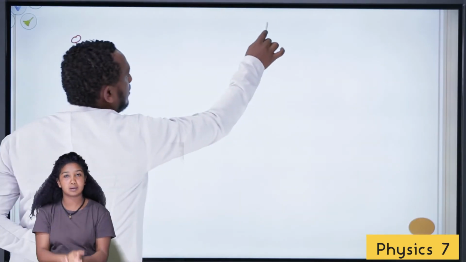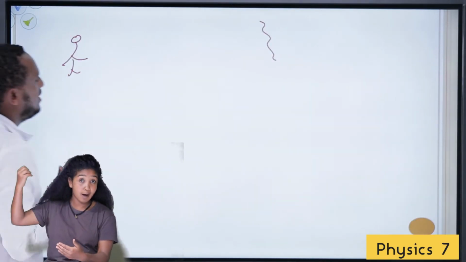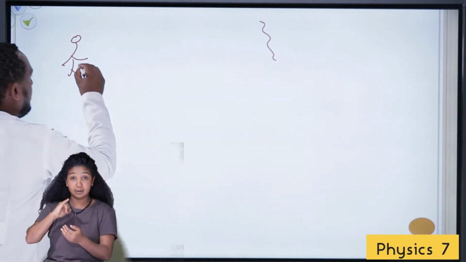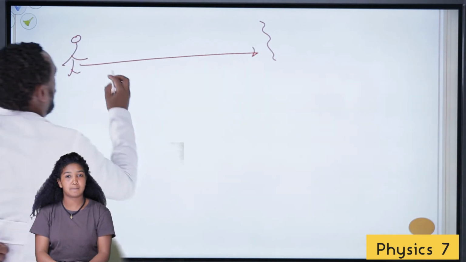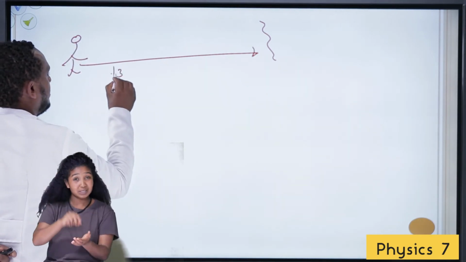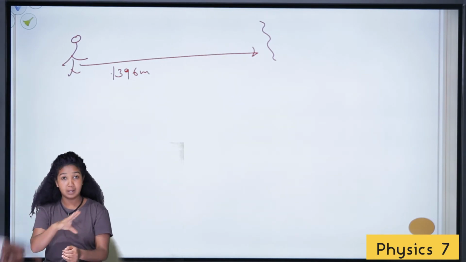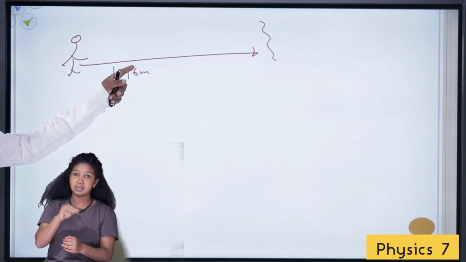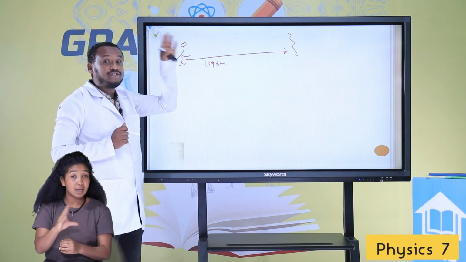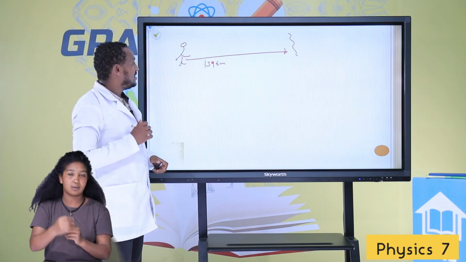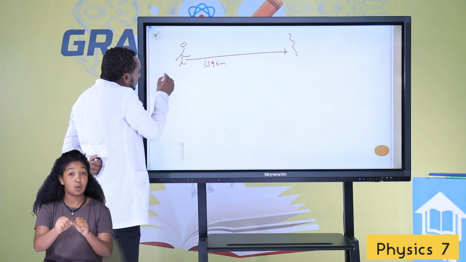Here there is a light. The distance between the observer and the light is 1,396 meters, and the observer sees the light, and after 4 seconds he hears the sound.